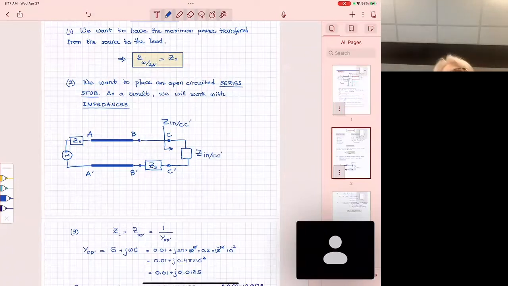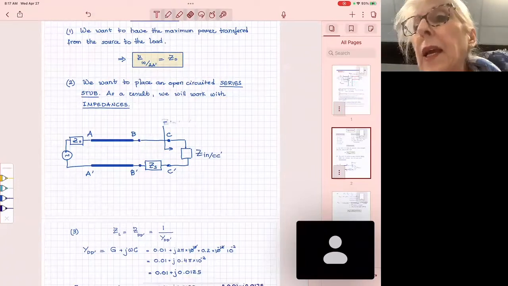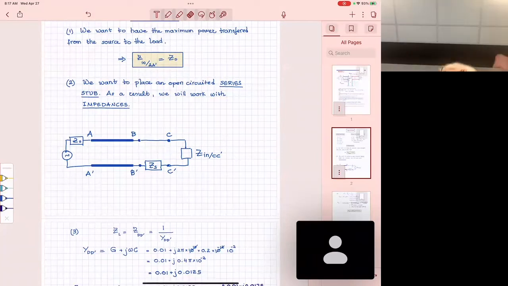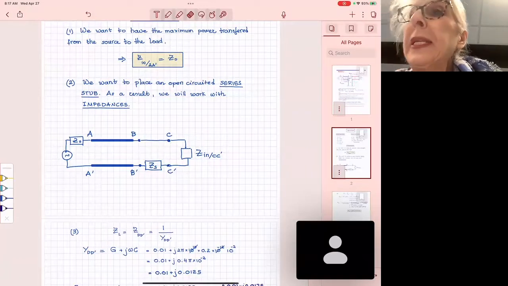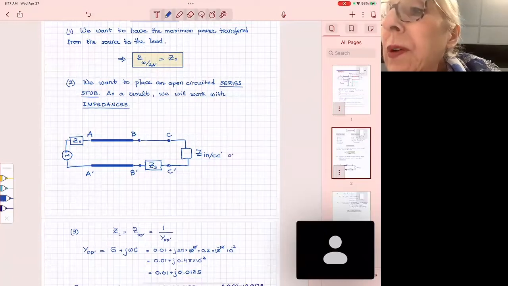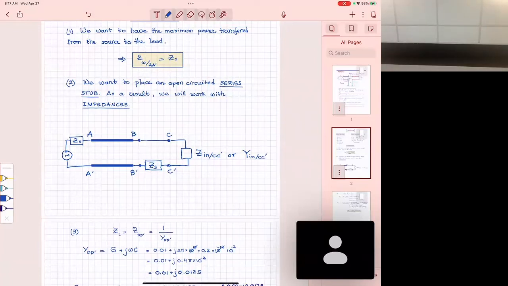Now, practically, I can remove it here because I have already replaced it. So practically all of the line from CC prime to the right, I am replacing with this input impedance. Now, in reality, I could either use an input impedance or an input admittance, or I can take the inverse of that and have an input admittance.